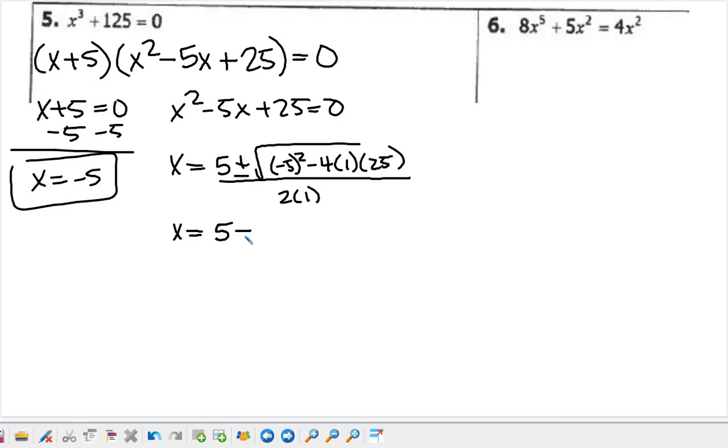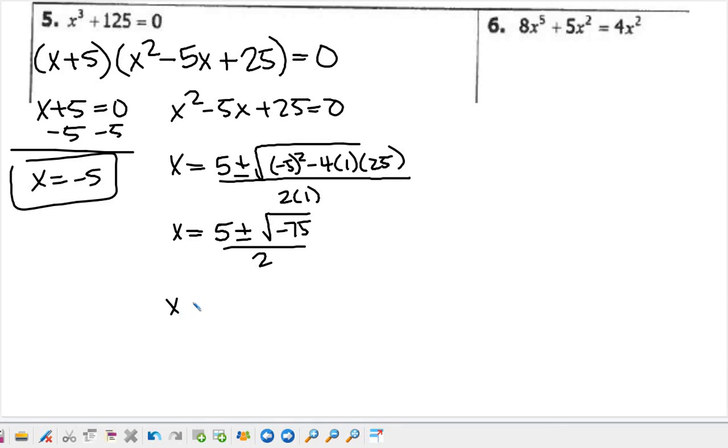So x is equal to 5 plus or minus, so we have, probably should have opened the calculator app, but I didn't think of that until just now. So I have 5 plus or minus the square root of negative 5 squared minus 4 times 1 times 25, which gives me the square root of negative 75. So I'm going to have an imaginary solution over 2.